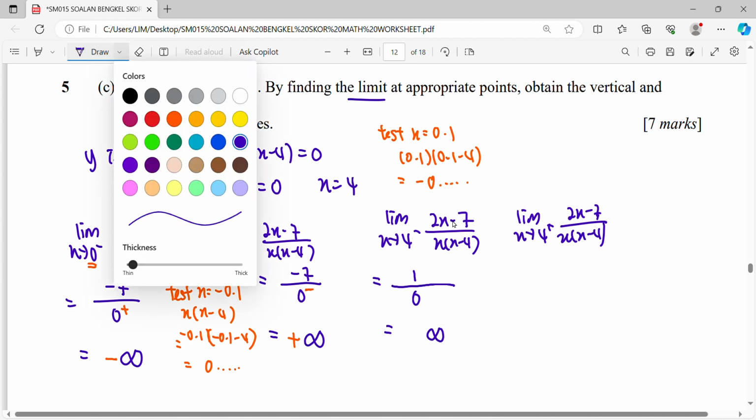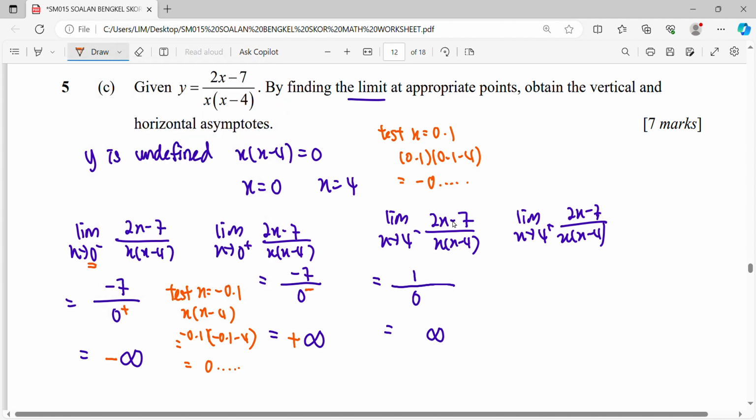That's your value. 4 from the left hand side, 3.9. Put in here, 3.9 minus 4, negative 0 point something, correct? So 0 negatively. So the whole fraction, what is coming? Positive over negative, negative.